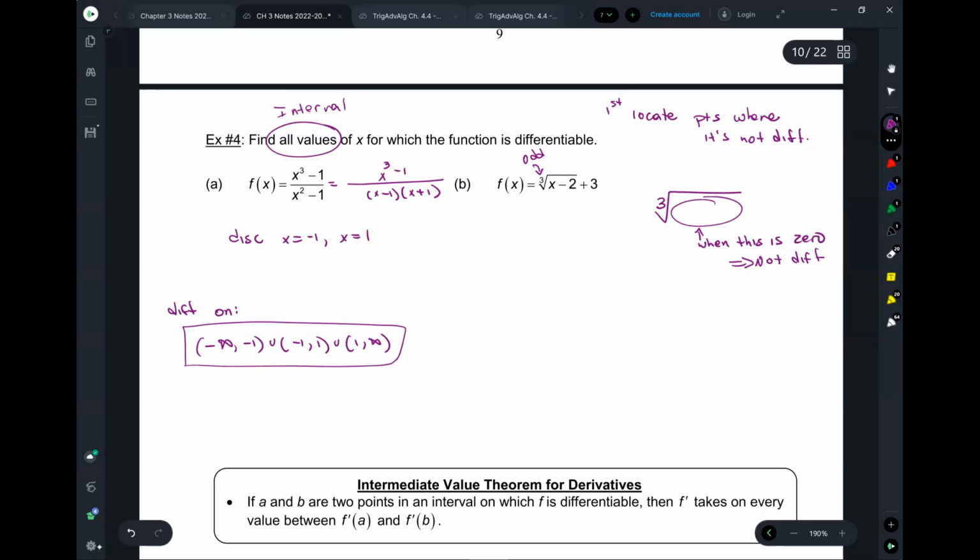So here, we take the x minus 2, set it equal to 0. X equals 2 is where there is a vertical tangent. How did we know that? Because we've memorized that when you have an odd root, it means vertical tangent. How do we find the vertical tangent? We go inside the root, set it equal to 0, that's where it is. So it's continuous from -infinity to 2 and 2 to infinity.